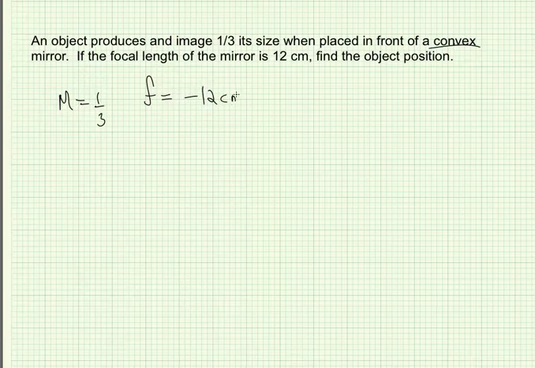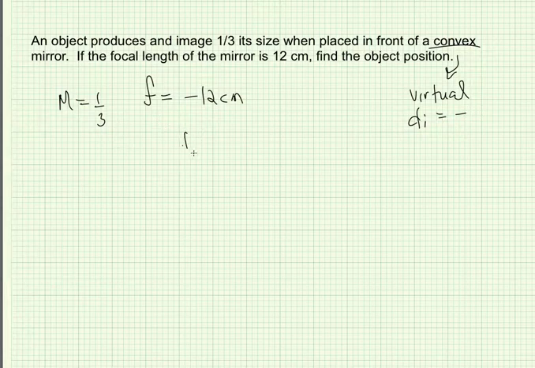Now, what's the only kind of image that a convex mirror can produce? They're always virtual, which tells me what about DI? DI is going to be negative. All right, so let's take a look at our equation. I've got my mirror equation, 1 over F equals 1 over DO plus 1 over DI.